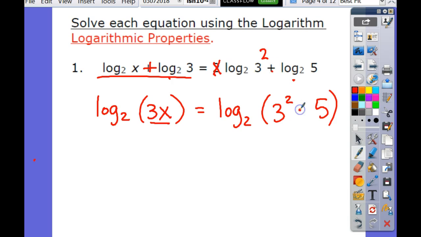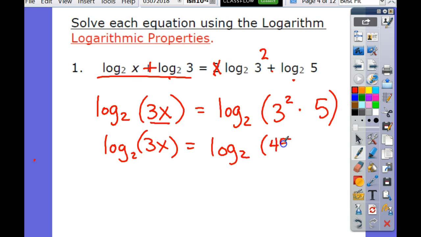Addition changes to multiplication. What is 3 squared times 5 equal to? This is equal to that.